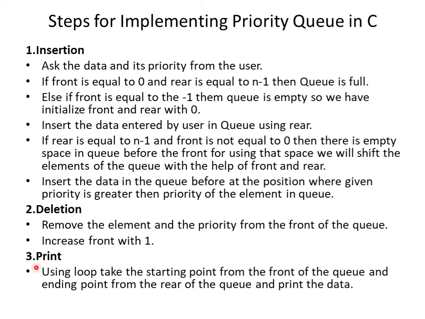Next, to print or display, we use a loop: take the starting point from the front end of the queue and end at the rear end of the queue, and print the data. That is the common idea. It is a known thing: always start at front and end with rear.